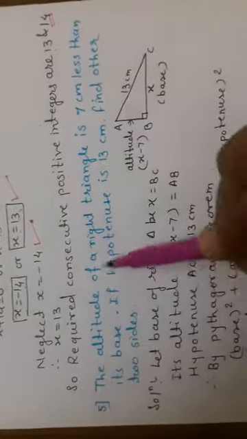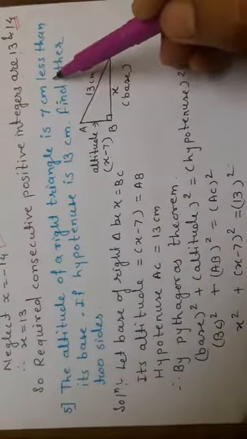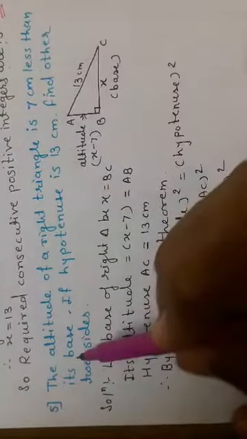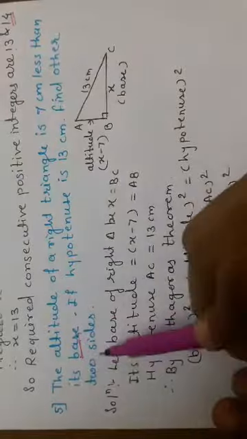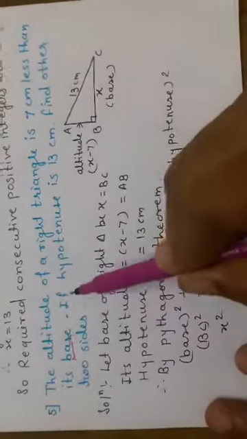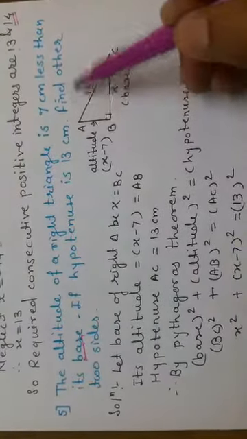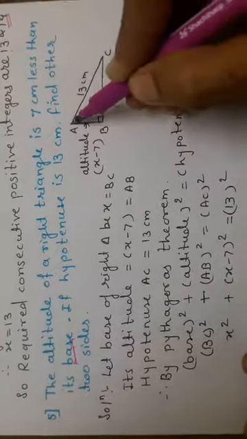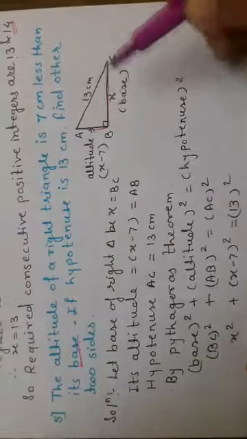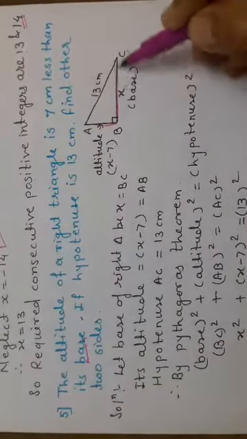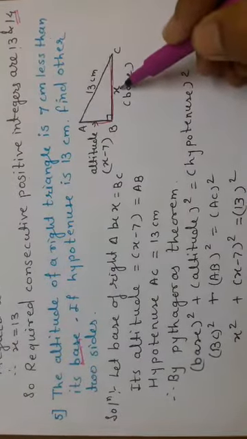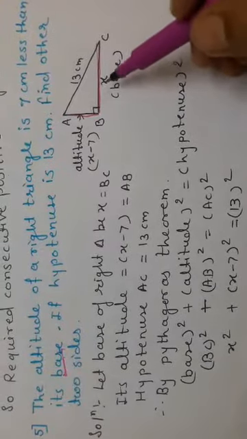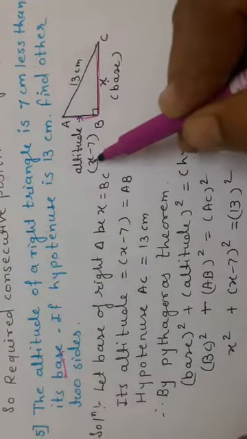Fifth problem: the altitude of a right triangle is 7 cm less than its base. We will consider the base first, and the hypotenuse is 13 cm, find the other two sides. Now we have drawn the right angle triangle ABC. Here this is the base, we will consider it as x, because the altitude is 7 cm less than the base.